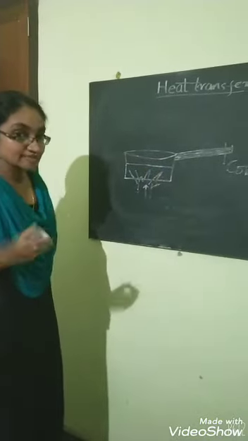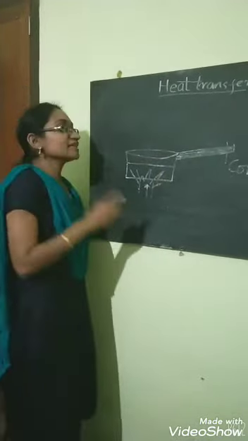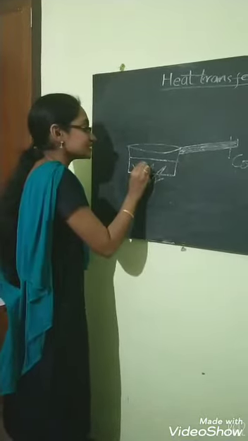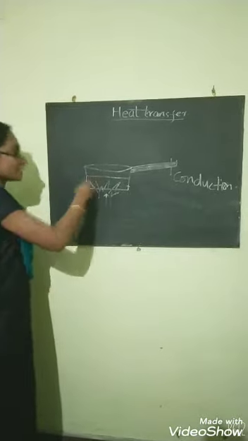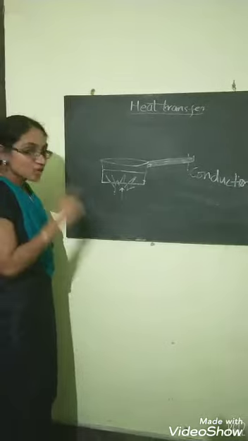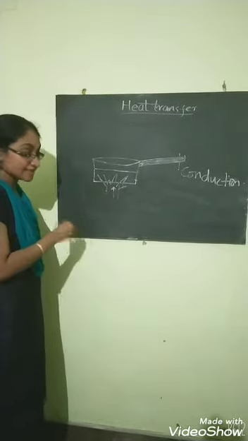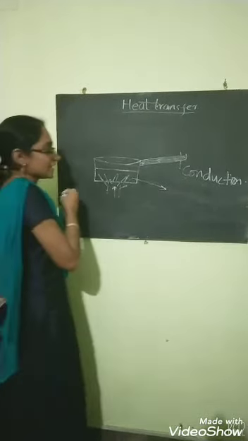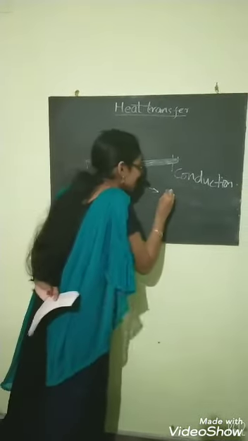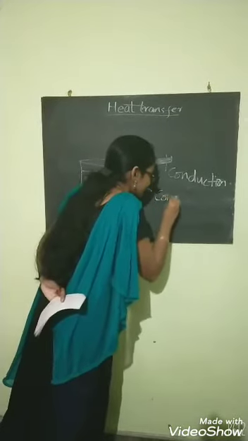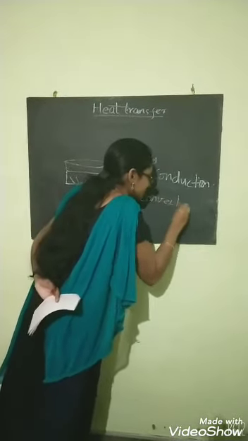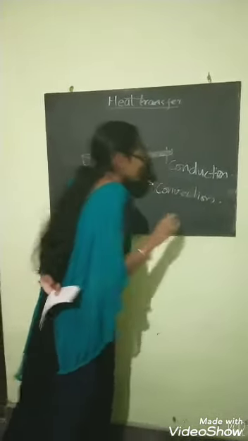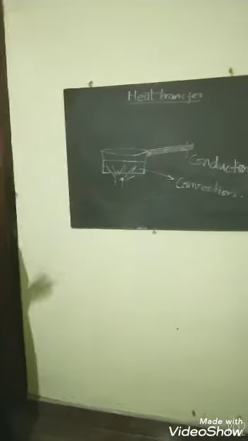And now the second thing is how the heat is transferring in this liquid. In this liquid, the heat transfer is not by conduction, it is by a new term called convection. I think this is a new term and I will explain it later. This is the second type of heat transfer.